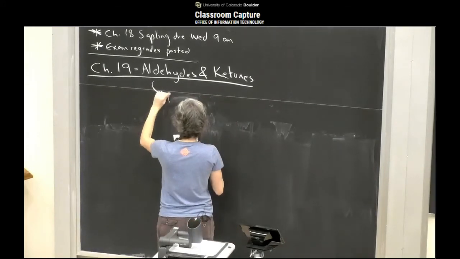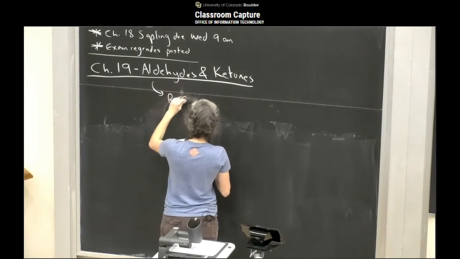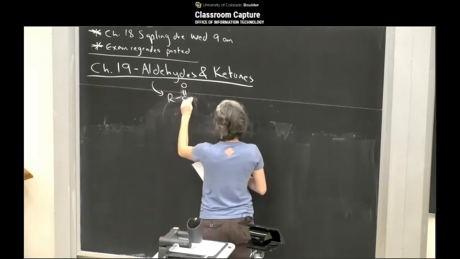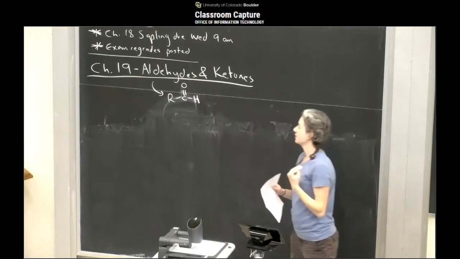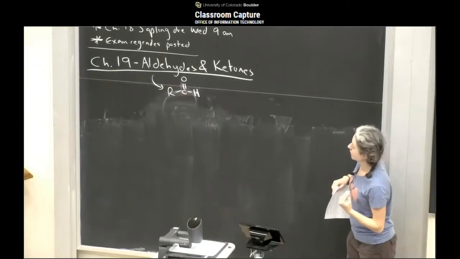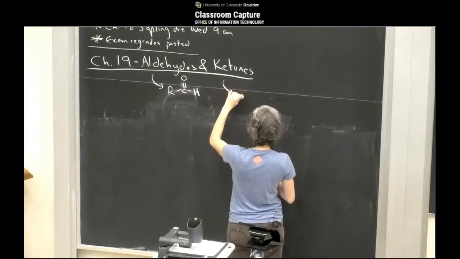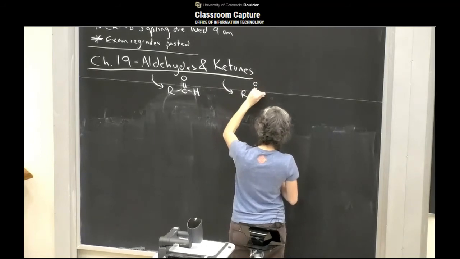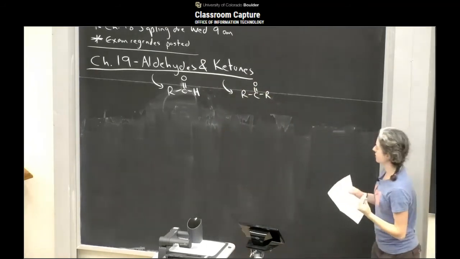Okay, so just as a quick review of what these functional groups look like, aldehydes are anything with a carbonyl with an H attached to it. Ketones are anything with a carbonyl with two R groups on either side of it.